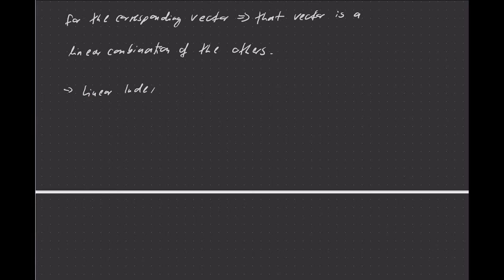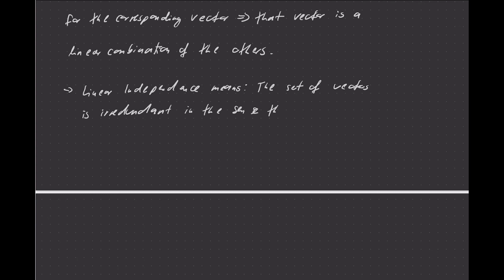So linear independence means the set of vectors is irredundant in the sense that no vector can be expressed as a linear combination of the others.